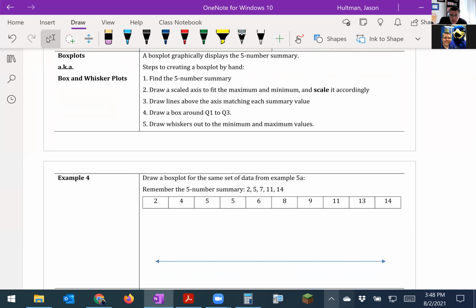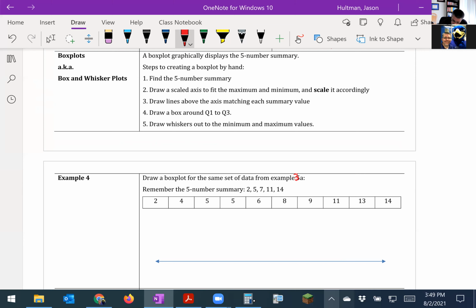Okay, so this is the same data set as in data set 3A. Sorry, I have to go back and change those in my notes. We calculated the 5-number summary already, so that's good. It's 2, 5, 7, 11, and 14.